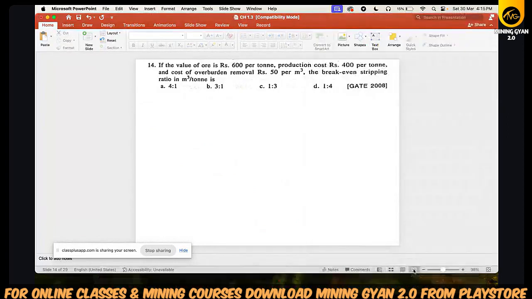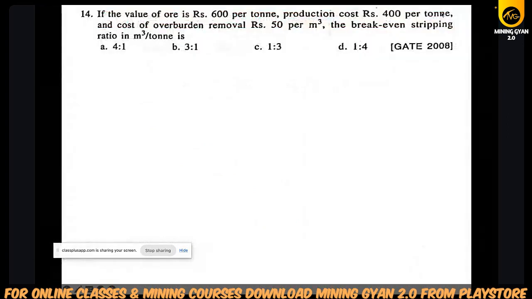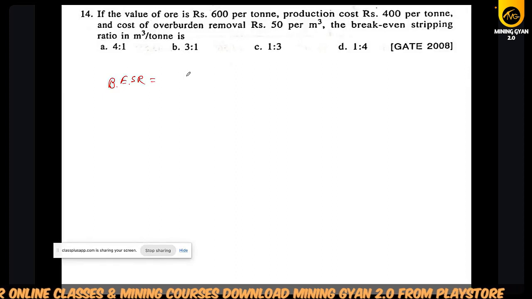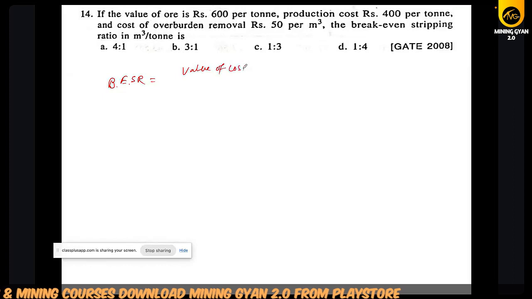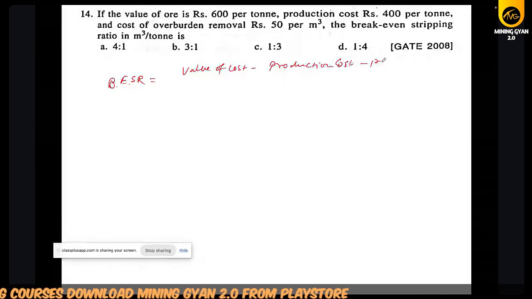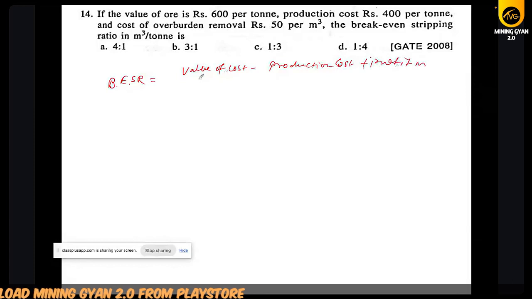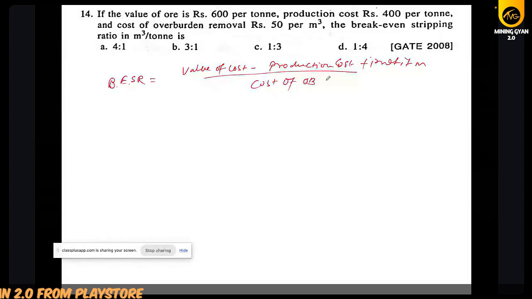Okay, so now question number 14. In this question, the break even stripping ratio means value of the ore minus production cost plus profit margin, divided by the cost of the removal.